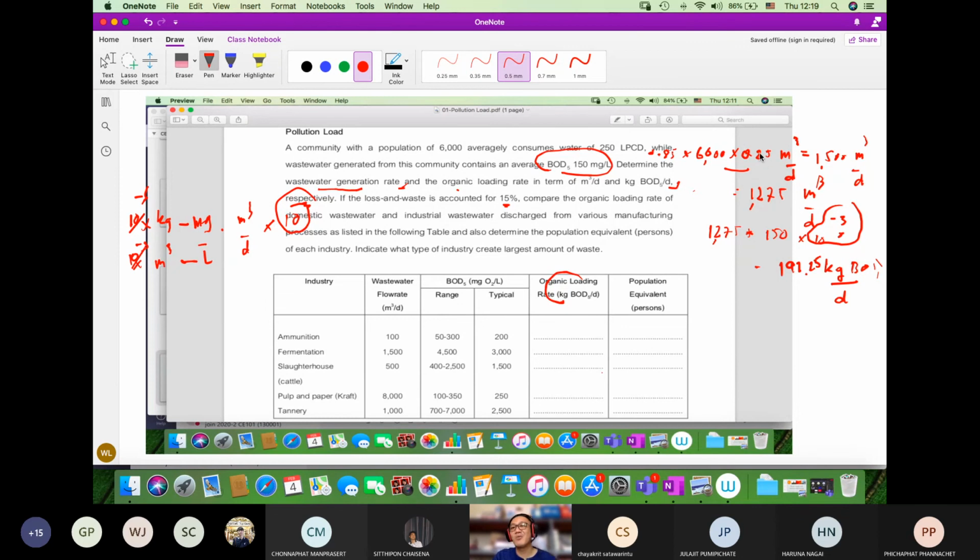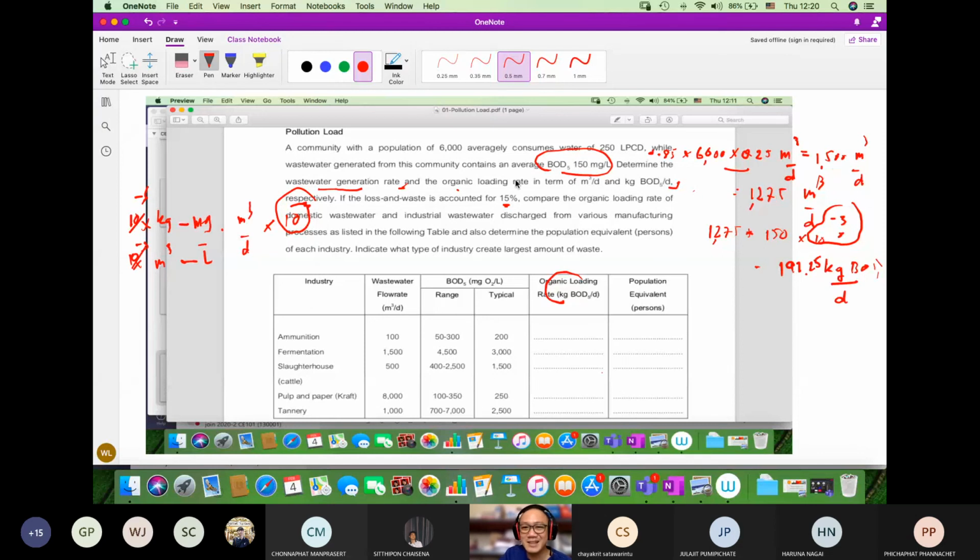So this is the water used for just one person. But in this community, there are 6,000 people. So water used in this community is 1,500 cubic meters per day.